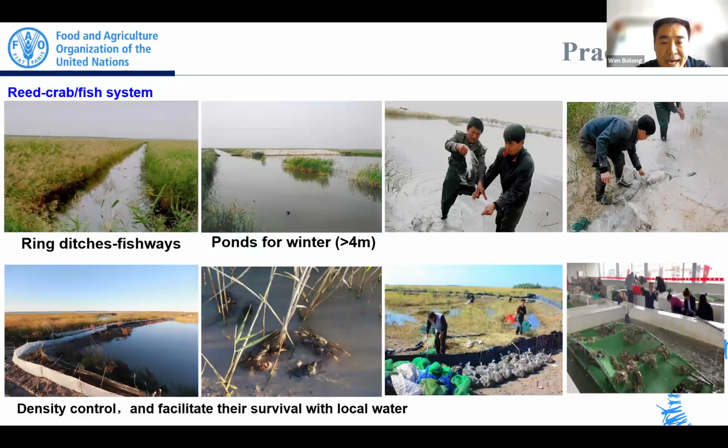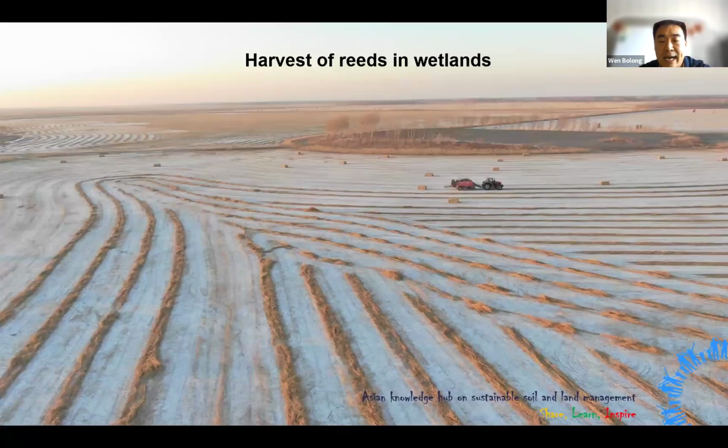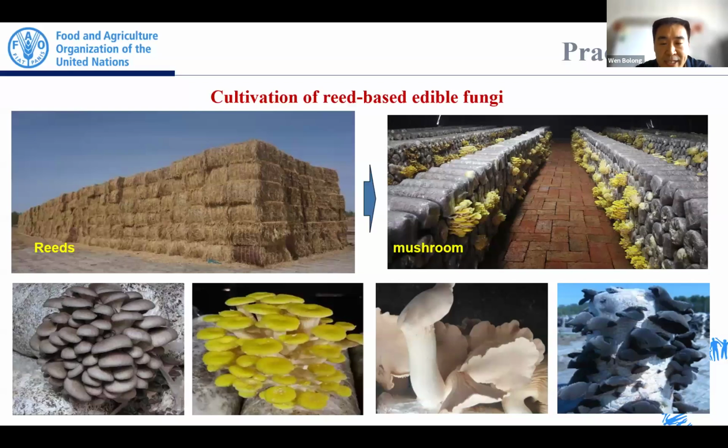For example, by controlling the density, we breed fish and crab in marshes, and then harvest reeds in winter for paper making and power generation. In particular, we have created a method to produce mushrooms using reeds, and then turn the waste into fertilizer to improve soil.